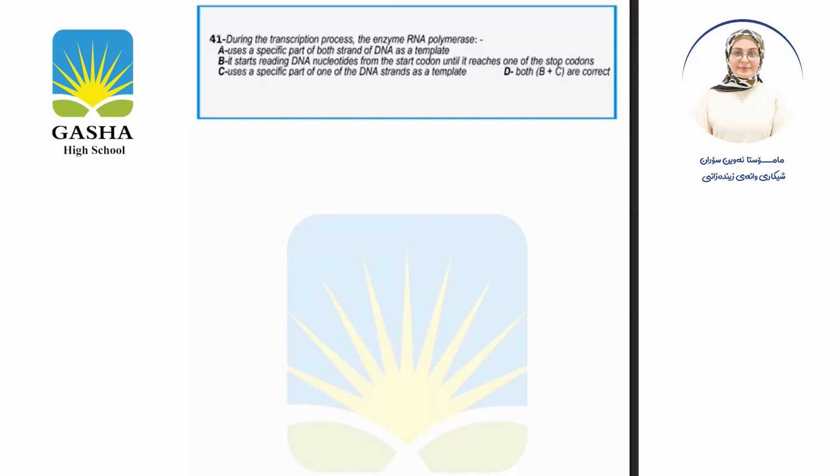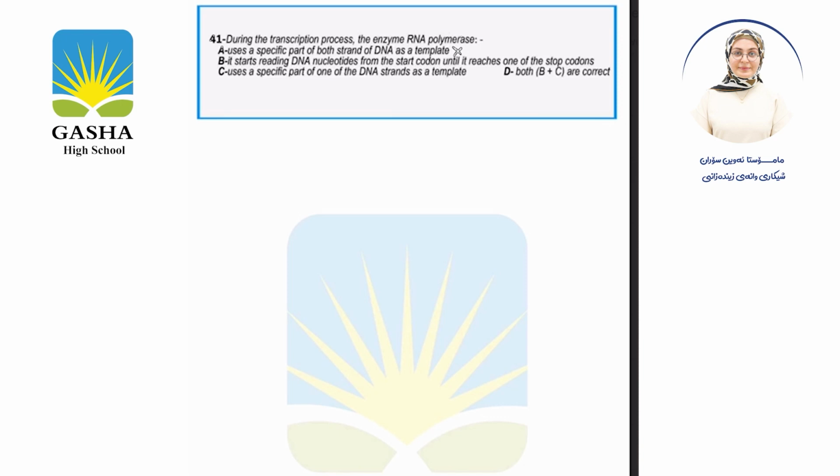Question 41. During the transcription process, the enzyme RNA polymerase. So what's the function of RNA polymerase? In transcription, be careful. A, use a specific part of both strands of DNA as a template. They are not using both strands, so this is false. B, it starts reading DNA nucleotides from the start codon until it reaches one of the stop codons.